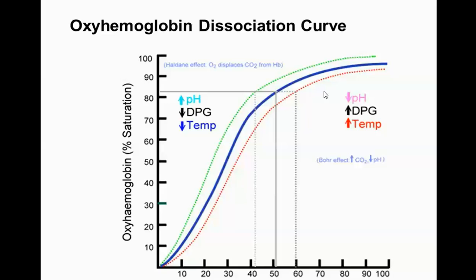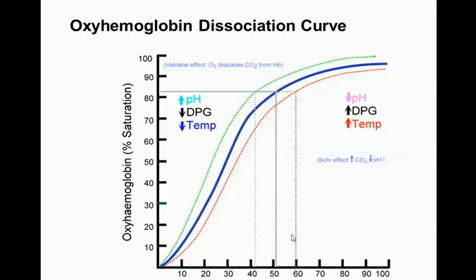So what we were discussing is how much PO2 you need to load the percentage of hemoglobin you want. Above 60 is safe.